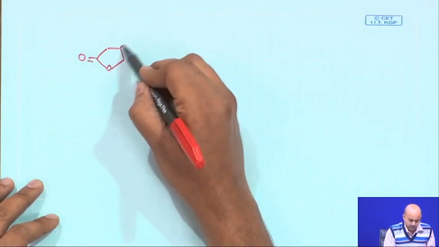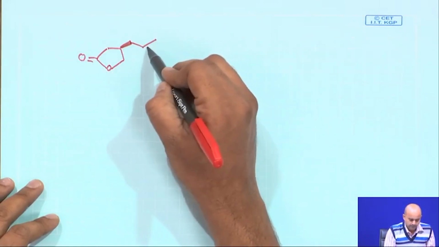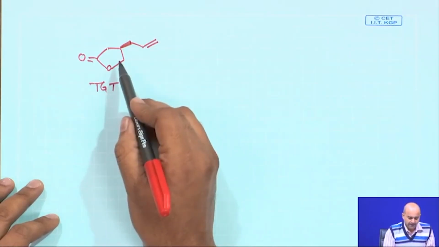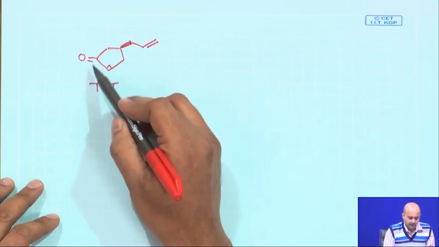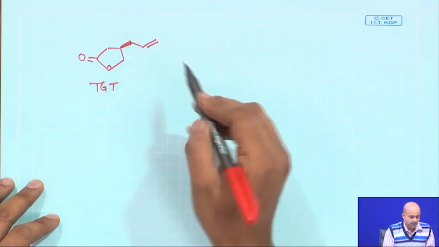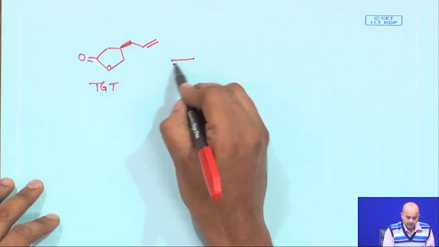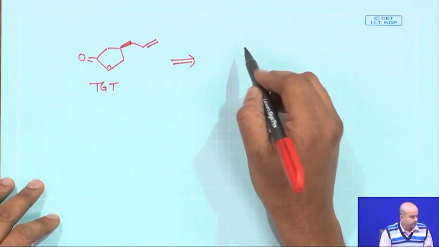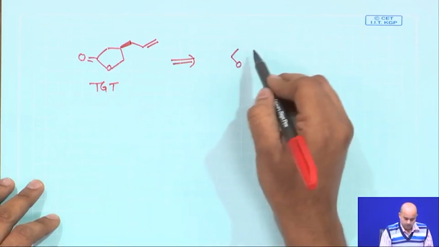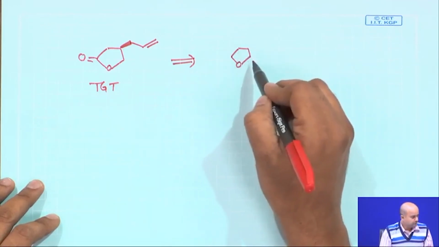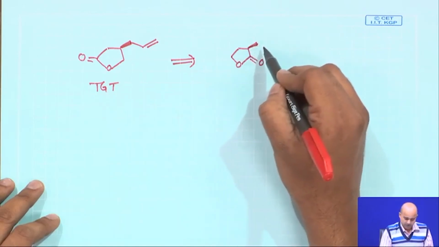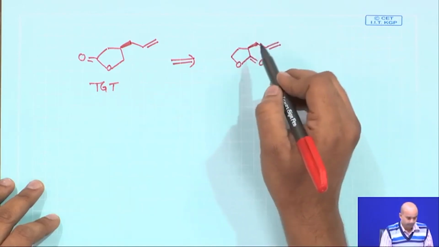We have given you a lactone as a target molecule. This lactone is basically a 5-member lactone with an allyl appendage, a stereochemically pure allyl appendage. But the starting structure, if I give it to you, then you will be a little bit perplexed or confused about how this starting material will be converted to this target.